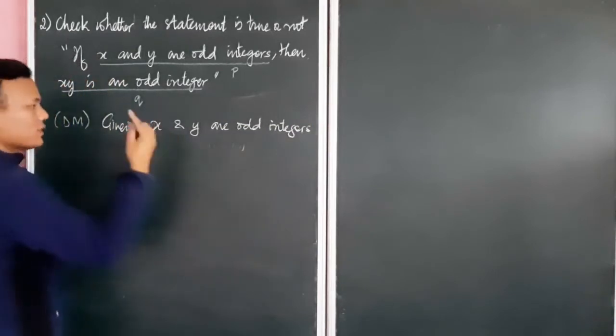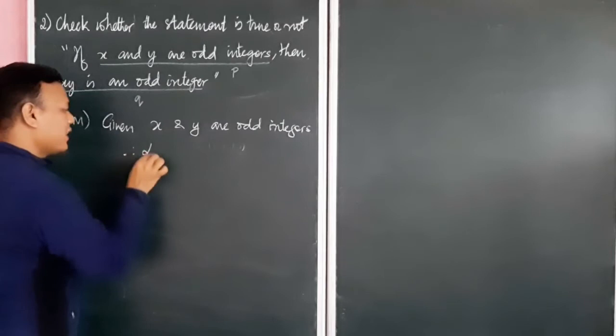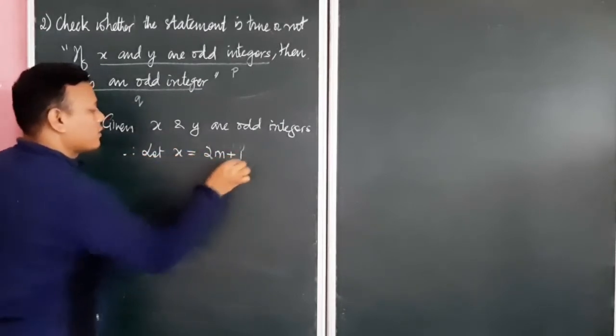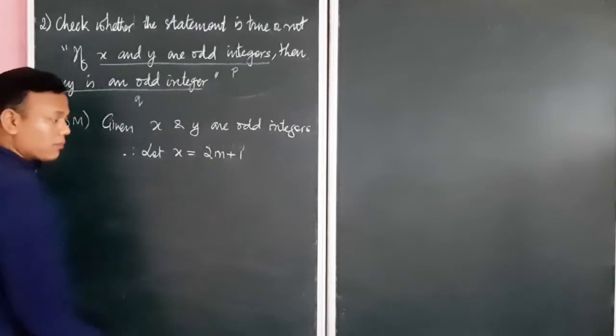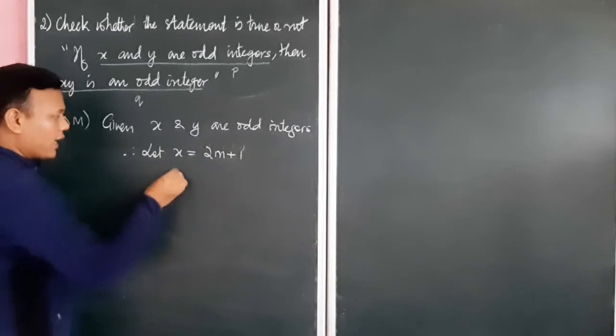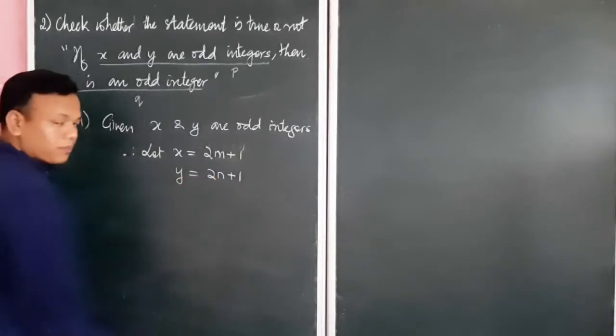So if X and Y both are odd, then can I write, therefore, let X equal 2m plus 1. Can I write this? Yes, put any value for m, you will find that this full thing becomes an odd number, and we know that X is odd, and similarly Y will be equal to 2n plus 1.